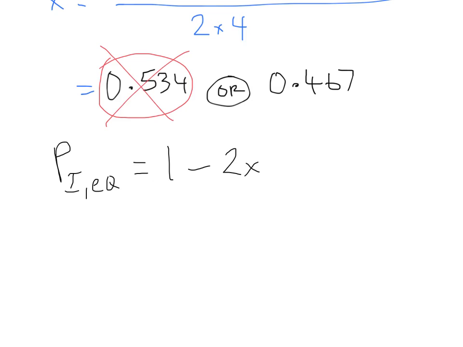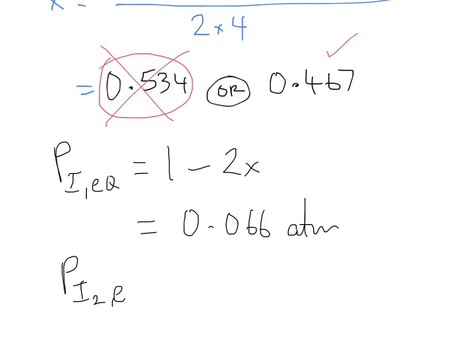So again, we know that this one must be our physically reasonable one. And so if we take 1 minus twice that value, we get 0.066. And those are pressures, and so we need to put back our atmospheres. What was the partial pressure of iodine molecules at equilibrium? That was equal to 1 plus x, and so that's 1.467, again, atmospheres.